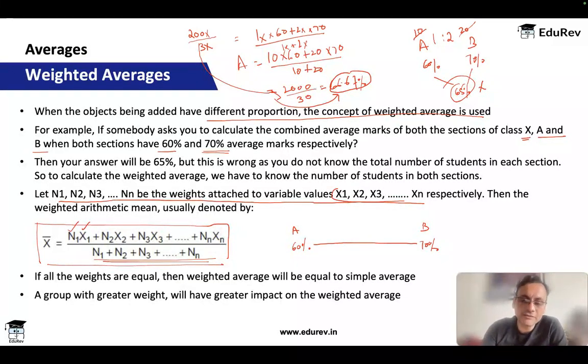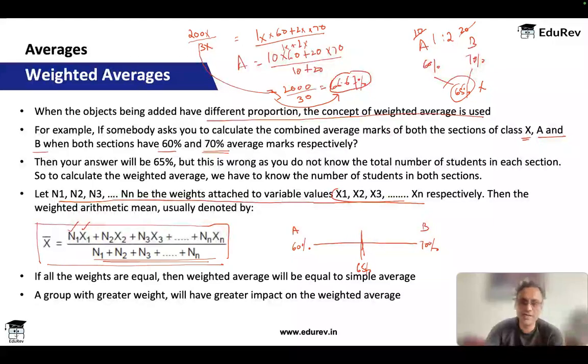Okay. It's very similar to a weighing balance, and understand this carefully. If the number of students are equal in both, they both will pull the average to their side with equal strength, and the average will rest in between, right? Because students are same, they are pulling with the same effort, so the average will be in between.